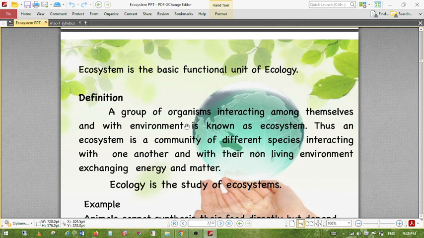Then the third category is called tertiary consumers or secondary carnivores. These are also meat eaters, who eat the secondary consumers, or secondary carnivores eat primary carnivores. For example, hawk, eagle, tiger, lion, etc. They are called tertiary consumers.